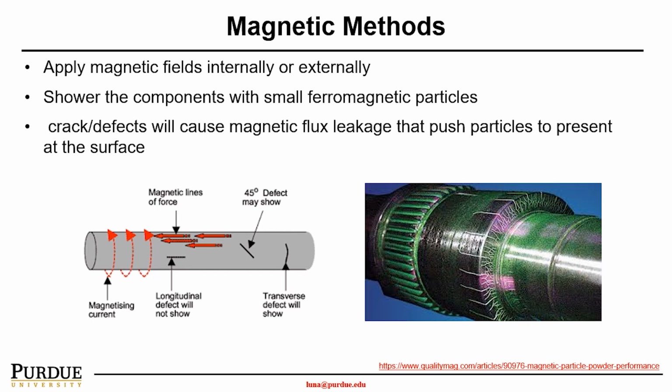Basically, we use small ferromagnetic particles that go through the material, and if there are defects, depending on their orientation, that will cause magnetic flux leakage, which pushes the particles out. For instance, in this case, we can see this purple color showing on the surface, so it's highly likely there may be some small fatigue-induced defects in these parts.